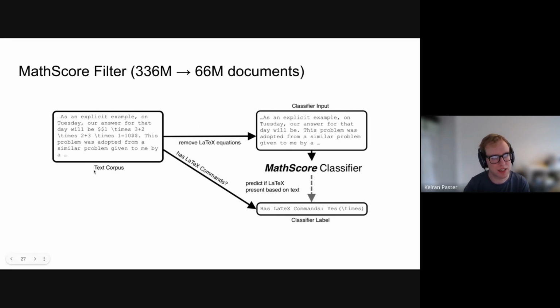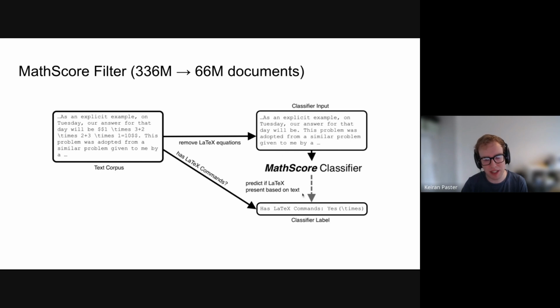How this works is we have this text corpus that contains documents that may or may not have math. What we do is we remove all the LaTeX equations that we detect in these documents, and we train a classifier to predict whether one of these top 100 LaTeX commands that I mentioned in one of the previous slides exists in this document.